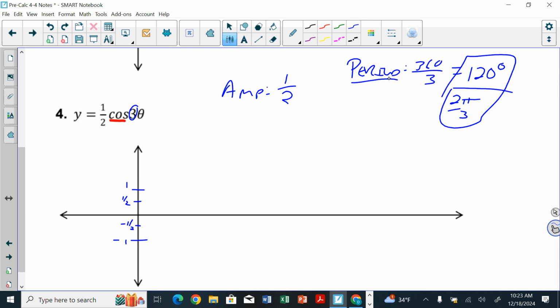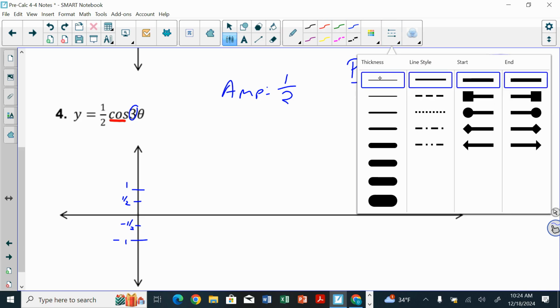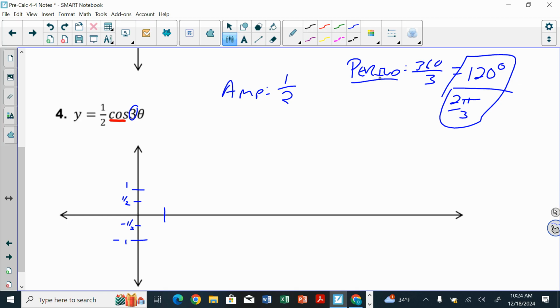So now what you're going to have is a little bit smaller. It's not going to be as steep, but it's going to start up here. I should label again. I'm just going to make that half pi, pi, and then 2 pi. So 2/3 pi is going to be right in here.